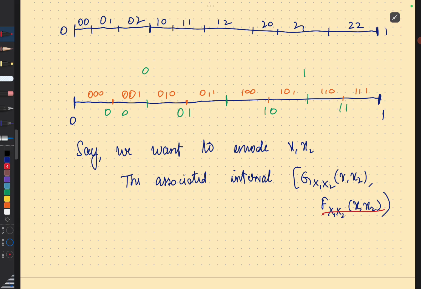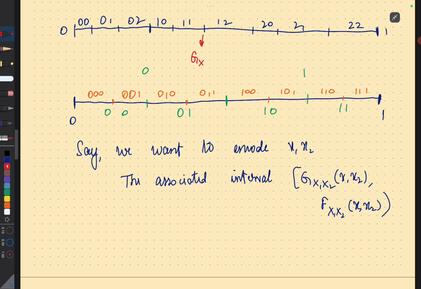Remember that f of x1, x2, which is the CDF, is equal to g of x1, x2 plus p of x1, x2. So this is the interval that is associated with x1, x2.